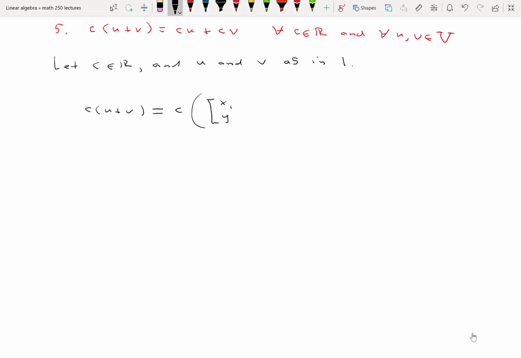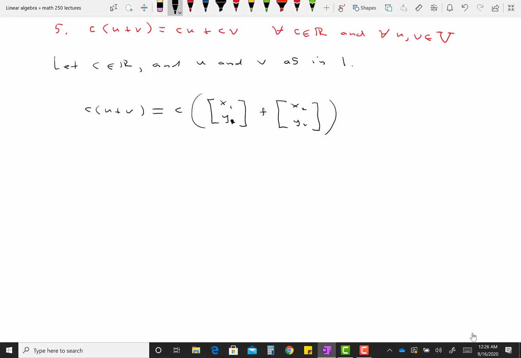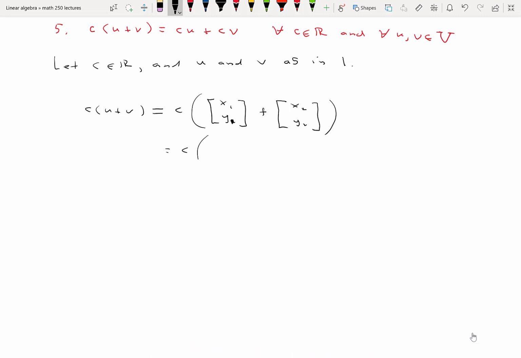So u was the column vector whose entries were x1 and y1. V was the column vector whose entries are x2 and y2. And somehow I've got to get that C distributed inside. Well, in order to get that C distributed inside, I'd better add those two matrices together. Why can I do this?